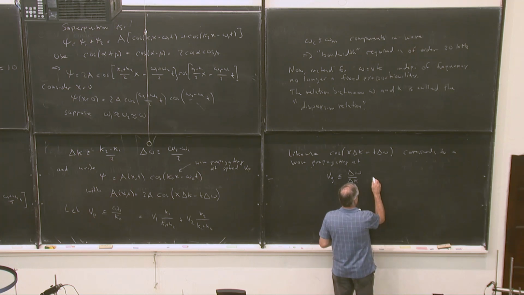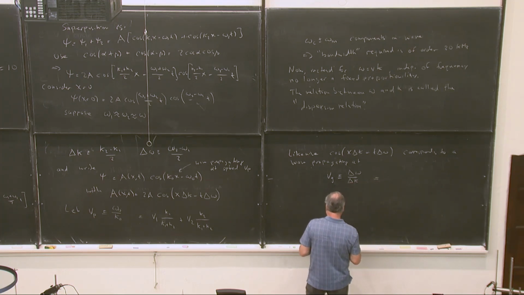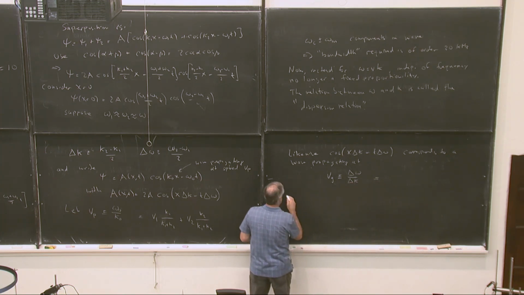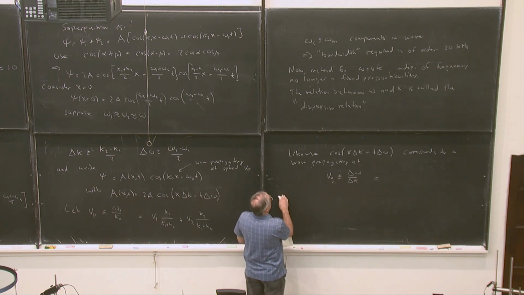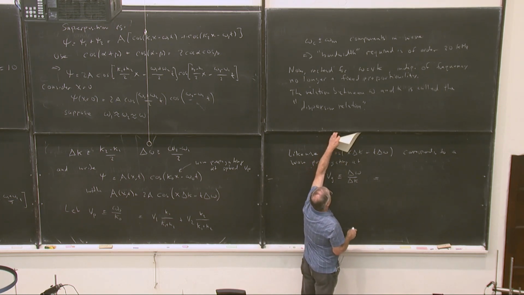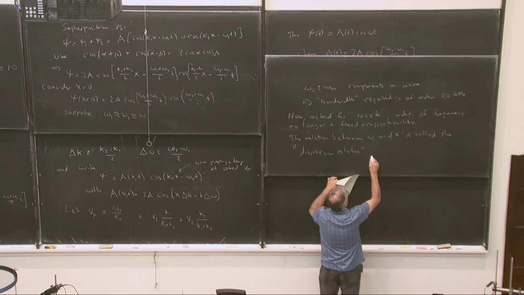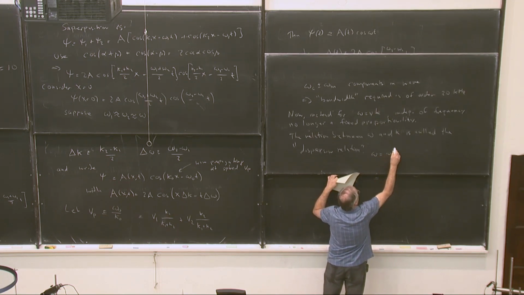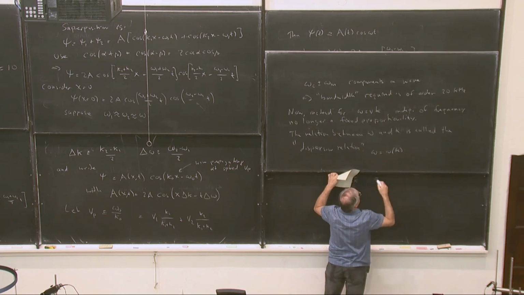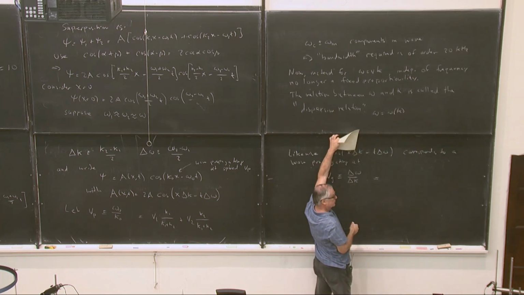If I insert, so the dispersion relation here, if I write it down, would be omega equals omega as a function of k. That's my dispersion relation.